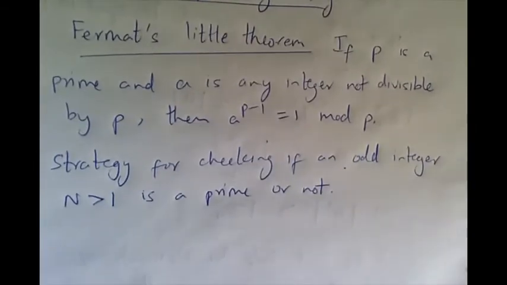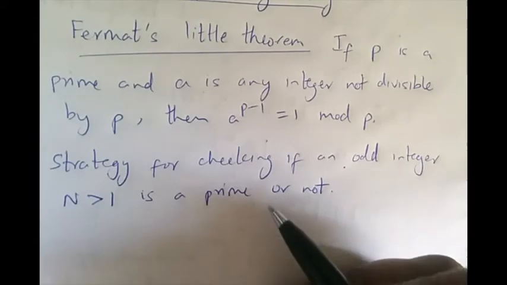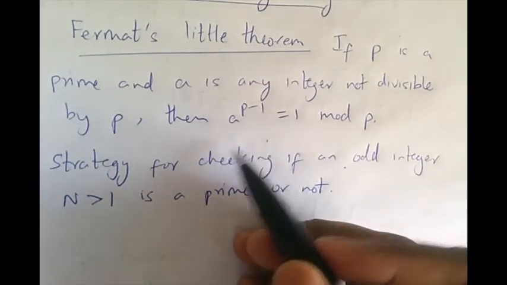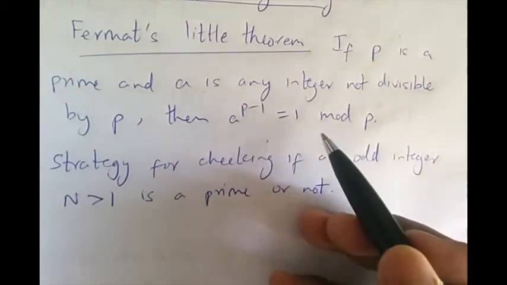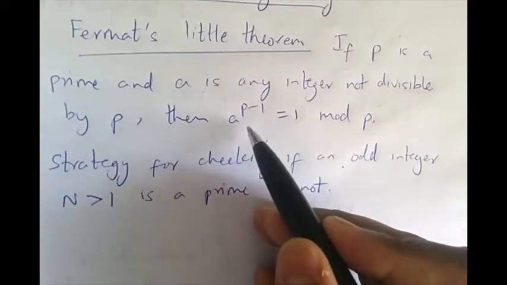If you take any integer from 1 to n minus 1, that will not be divisible by n.